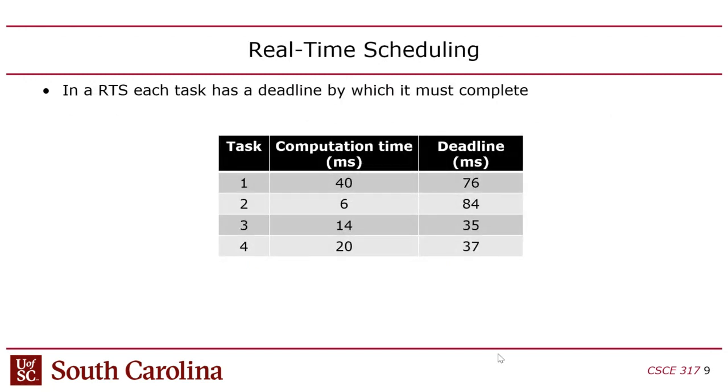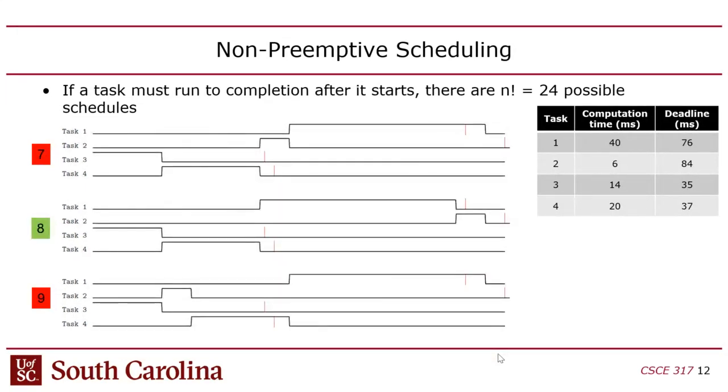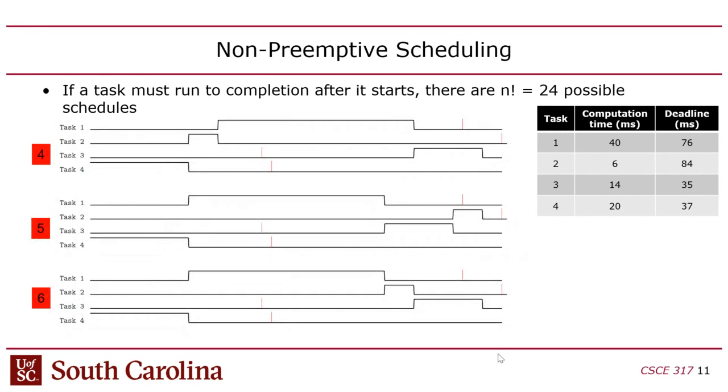And so here's an example of 4 different tasks, and I showed that there's n factorial ways that you can schedule these on the CPU, and even then, it's assuming that the tasks are not preemptible, that when you start running a task, you run it to completion. There's 24 different ways to schedule, and there were only 2 that actually had all 4 tasks meeting their deadlines, which is pretty wild.